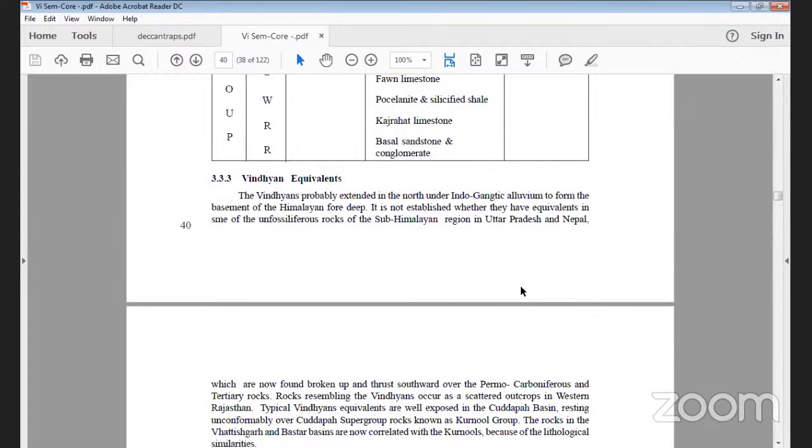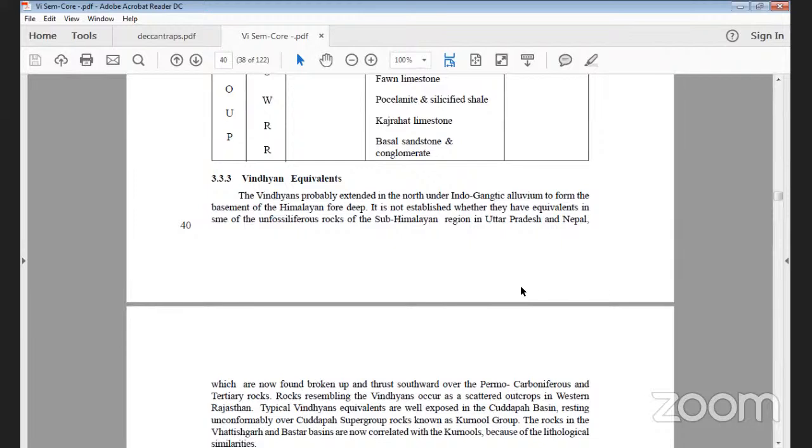What are the equivalents of a Vindhyan formation or a Vindhyan supergroup? The Vindhyans probably extend in the northern part under the Indo-Gangetic alluvium, and form the basement of the Himalayan province.